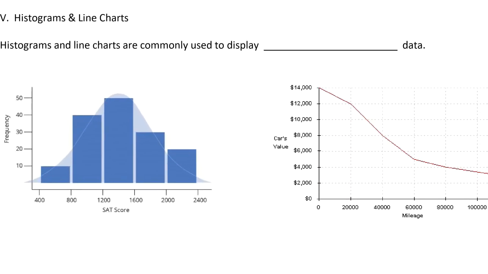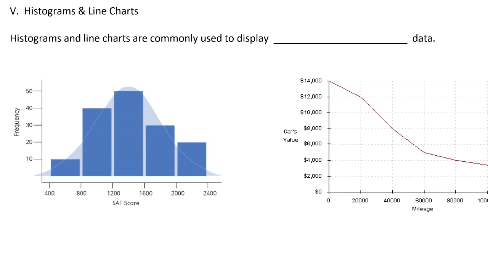All right, next up, histograms and line charts. So histograms and line charts are commonly used to display quantitative data. All right. So these are ones you can use for actual numbers.